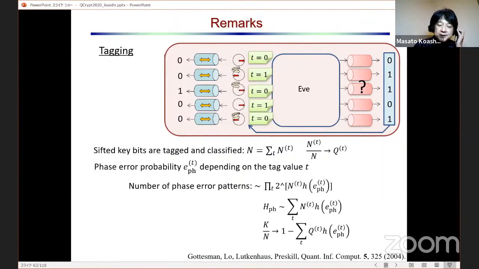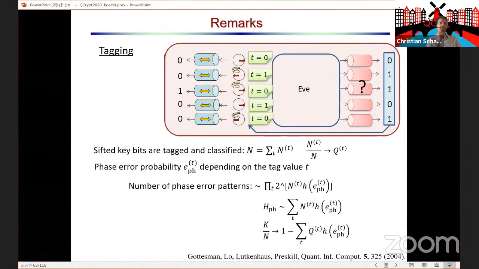One is the case where Alice's bit value and Bob's bit value coincide. The second case is that Alice's bit value and Bob's shifted key value are different. So depending on whether the bit error occurs or not, the phase error can be different.